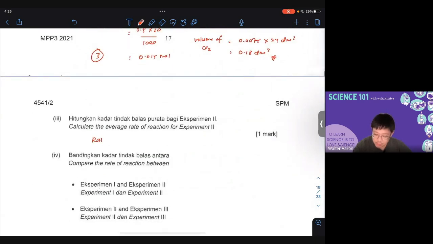So rate of reaction is equivalent to 50 cm cube divided by 30 seconds. So you will get a total of 1.67 cm cube per second. Then you get 1 mark.